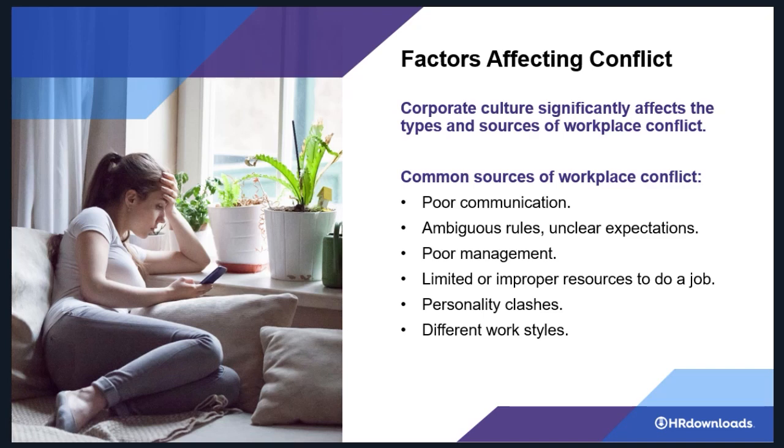Some of the most common sources of workplace conflict stem from poor communication, whether the message wasn't effectively relayed or was misinterpreted by the recipient, ambiguous rules, unclear expectations, or lack of clarity on what or how something should be done between both employees and leadership.